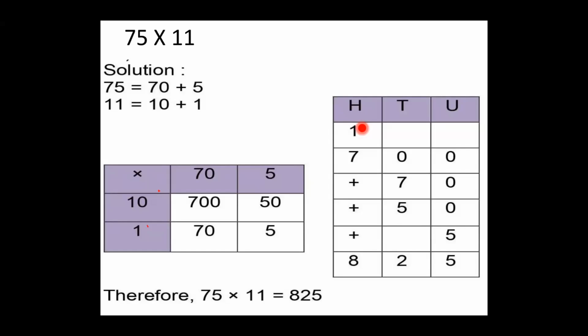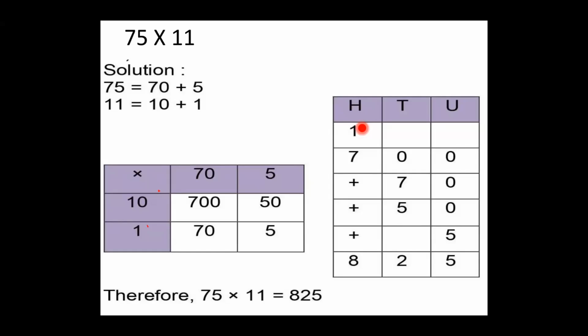So 14 is a two-digit number. So the expanded form of 14 is 10 plus 4. Those who have given me the answer as 10 plus 4, their answer is right. 41's expanded form is 40 plus 1 and 14's expanded form is 10 plus 4.